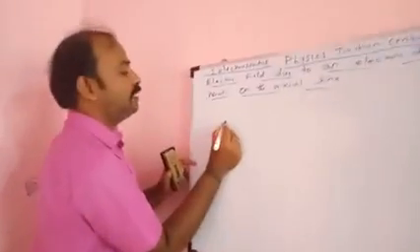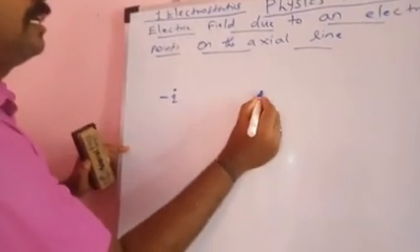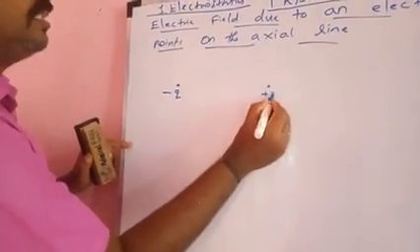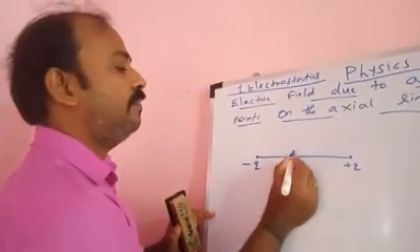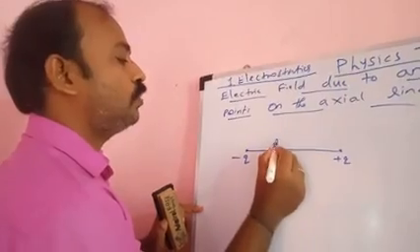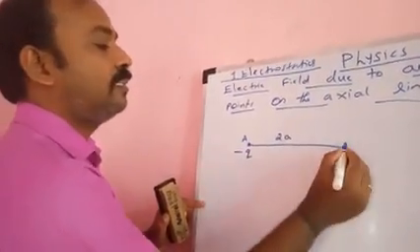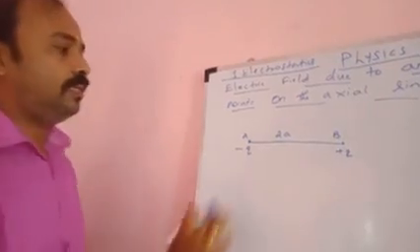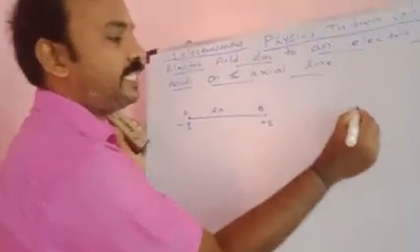This is the negative charge minus q, here the positive charge plus q. These two are separated by a very small distance 2a. Here it is named A, this is named B. Then consider a point C.